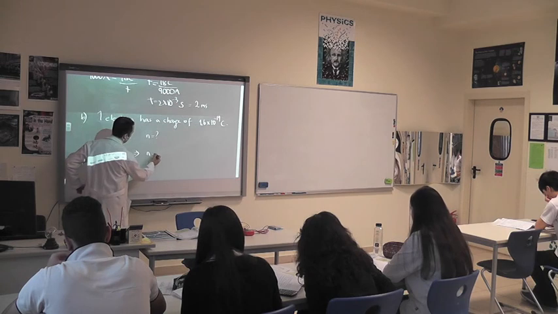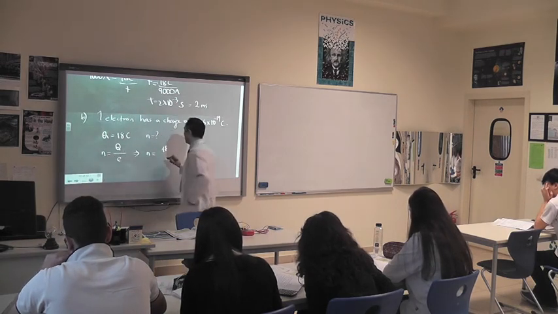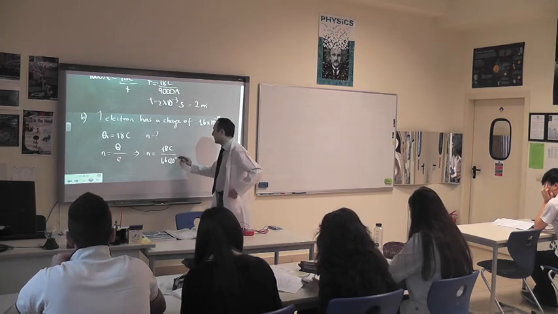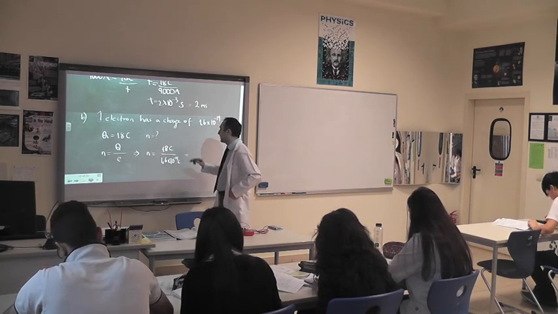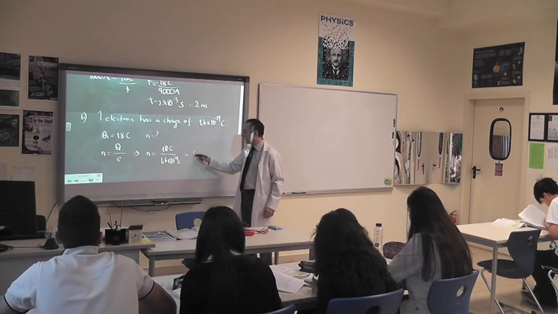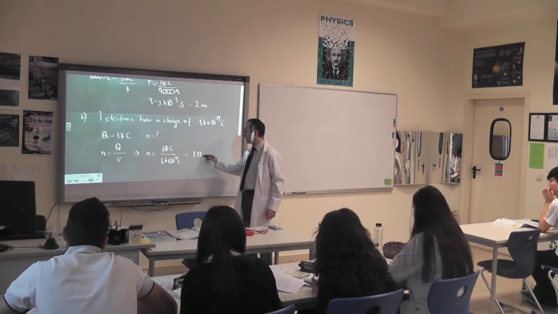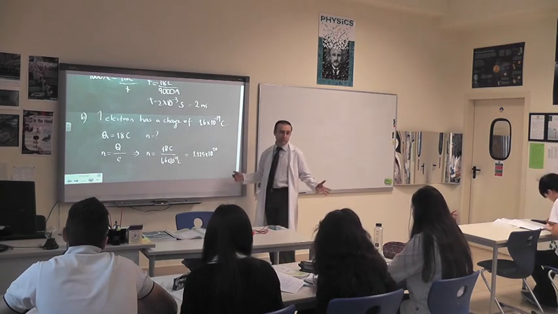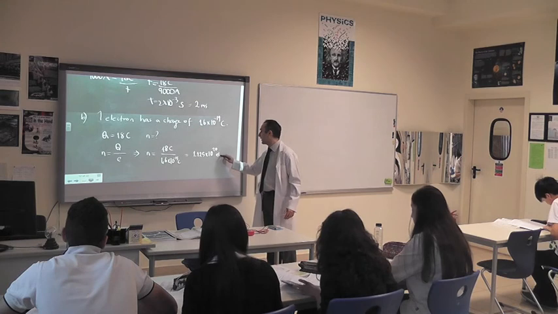So number of electrons will be 18 coulombs divided by 1.6 times 10 to the power of minus 19 coulombs. And how much do you get? 1.125 times 10 to the power of 20. Okay, does it have a unit? Electrons. It doesn't have any unit.